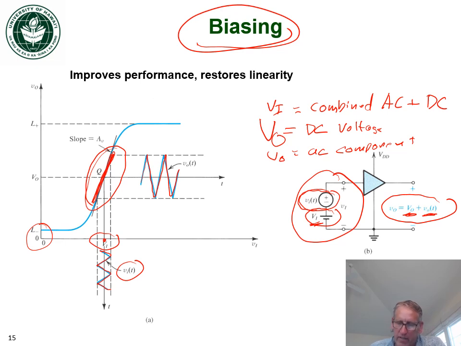So you can see in this example, we have lowercase v, capital O, that's the combined signal, and we have a DC component, which is capital V, capital O, and lowercase v, lowercase o, representing the AC component of the signal.